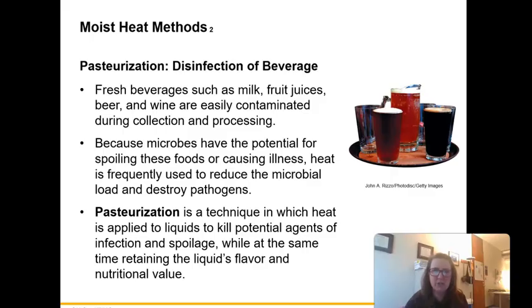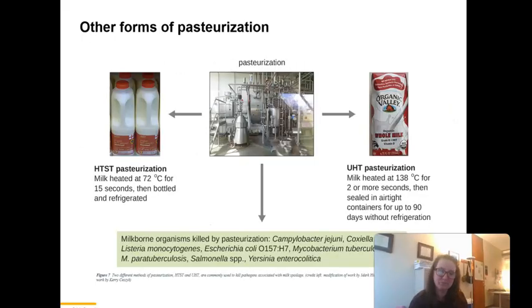What it does do is eliminate the microorganisms, look at the second bullet, that have the potential for spoiling the foods or causing illness. So we're not thinking about it being completely free of microorganisms, just being free of those things that are likely to cause the food to spoil or be harmful to us.